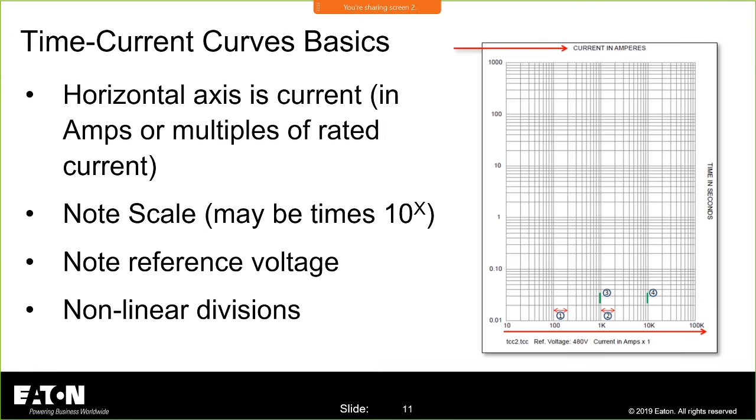So current across the bottom, and you'll notice that the distance in between each of these gradients gets smaller as they go. So from 10 to 100, they're not evenly separated from each other. That's called logarithmic scale.